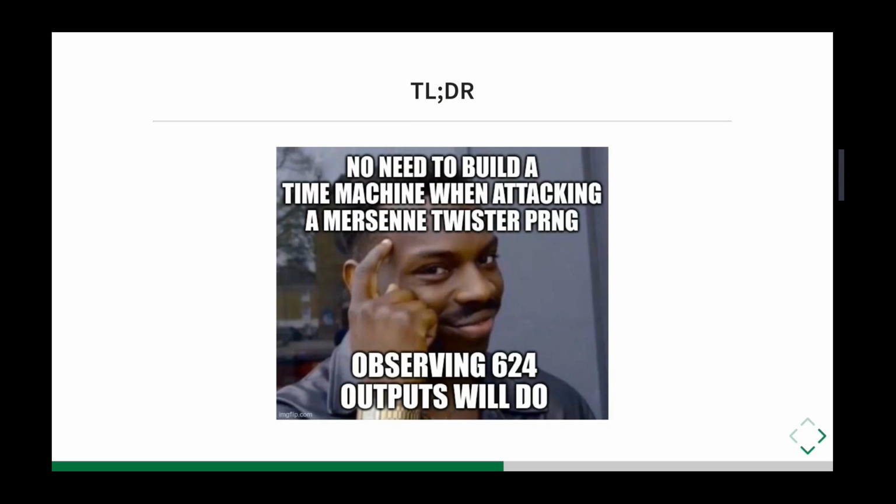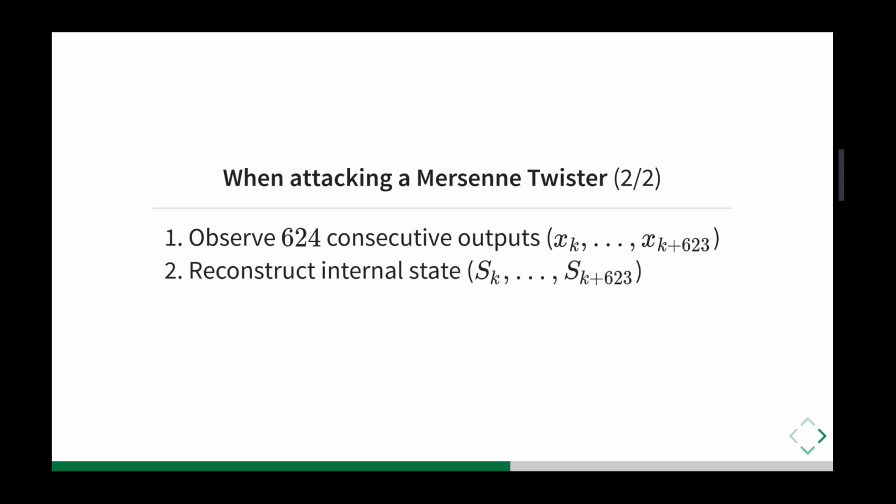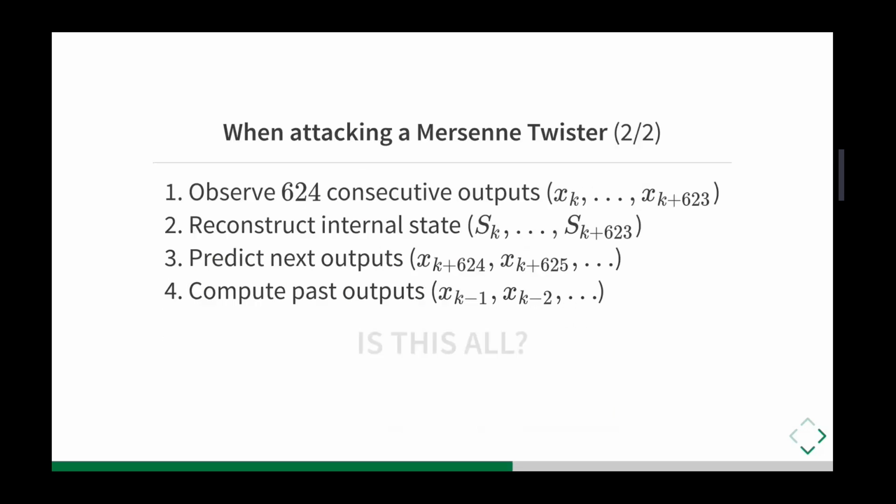So we can recover the entire history of numbers generated, and this can be critical because it is not only critical to see the future, but seeing the past is actually even more, because it means that you can attack someone retroactively. It means that a key generated in the past can be recovered, even if it has been deleted, maybe. So, as I said, we can observe the outputs, reconstruct the internal state, predict the next, and compute the past.